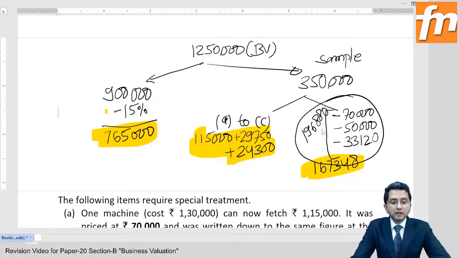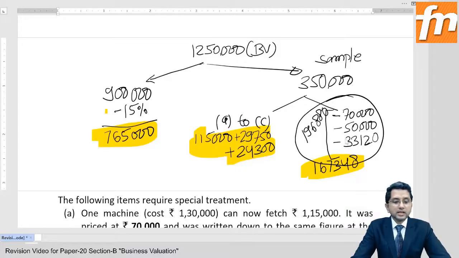So book value of remaining sample items is 196,880, which is reduced by 29,532. So the realizable value of sample items other than special items is 167,348. Now, as far as special items are concerned, their realizable values are respectively 1,15,000, 29,750, and 24,300.